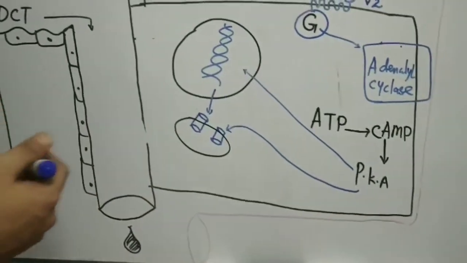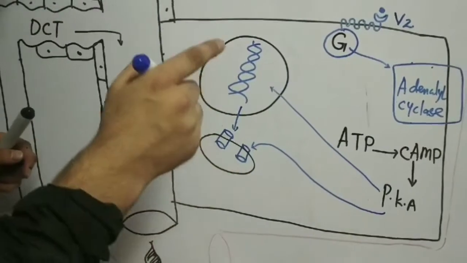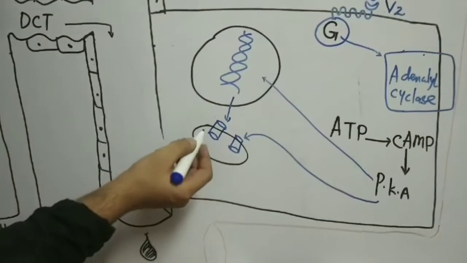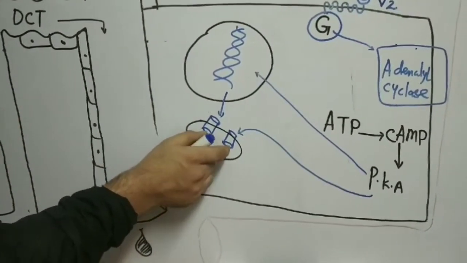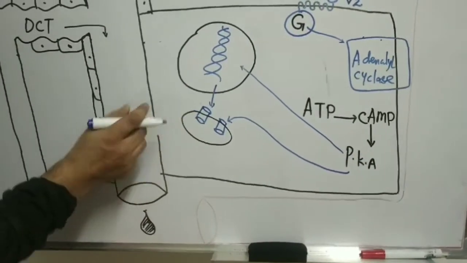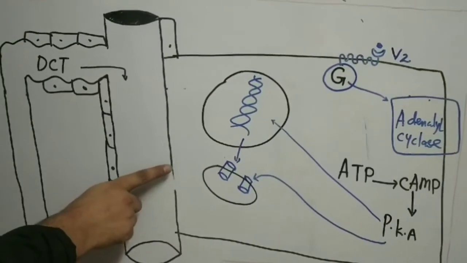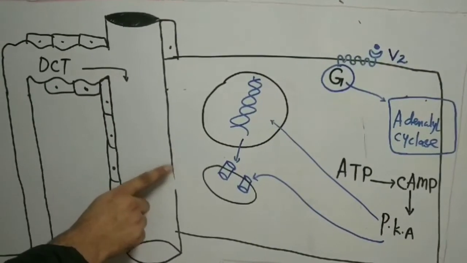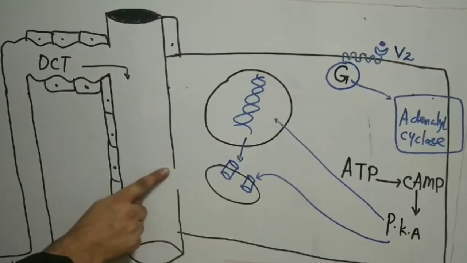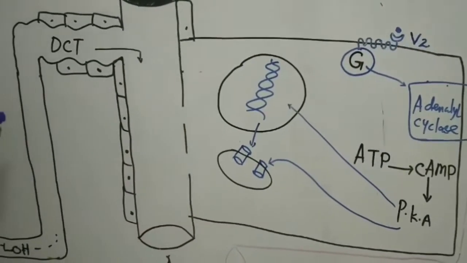These are actually the aquaporins. What type of aquaporins? These are actually aquaporin 2. Now when these aquaporin 2 channels are activated, they will be implanted into the luminal membrane. Let me show you here.